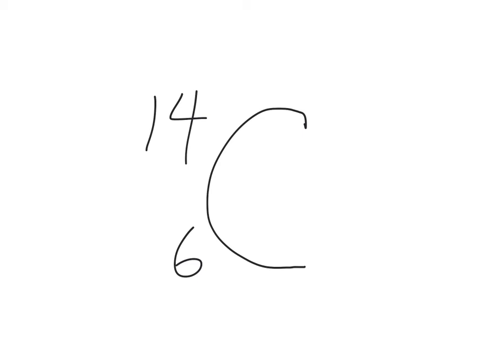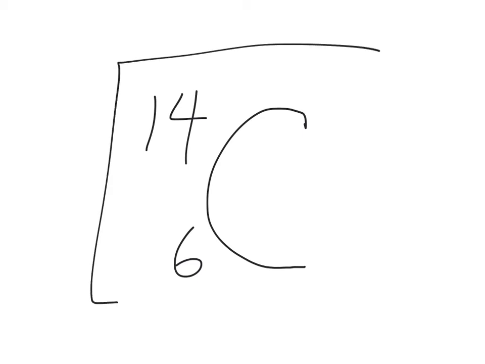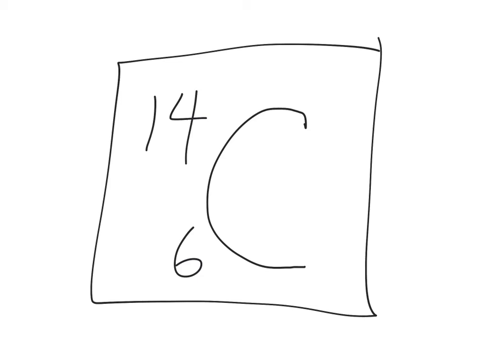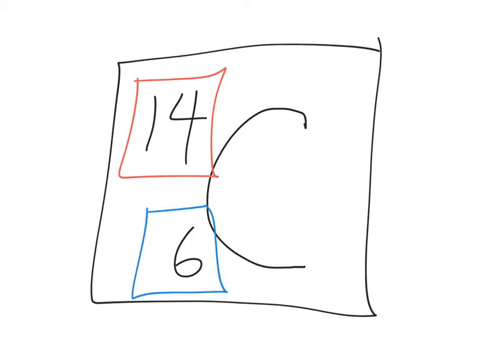So carbon-14 would look something like this. So again, this up here is its new mass with the extra neutrons, making it an isotope, and this down here is just its atomic number, the number of protons.